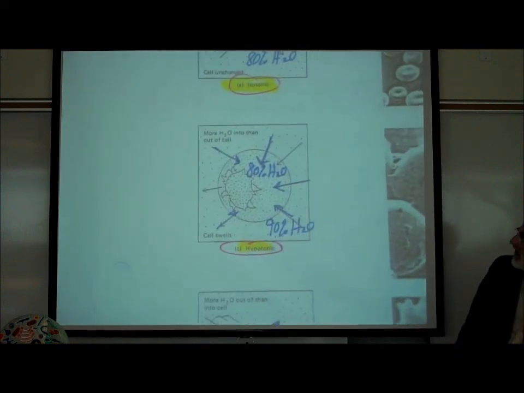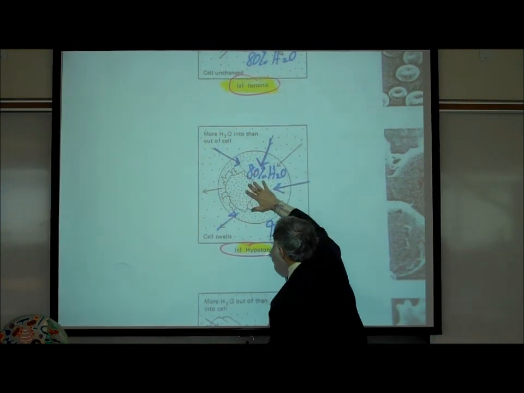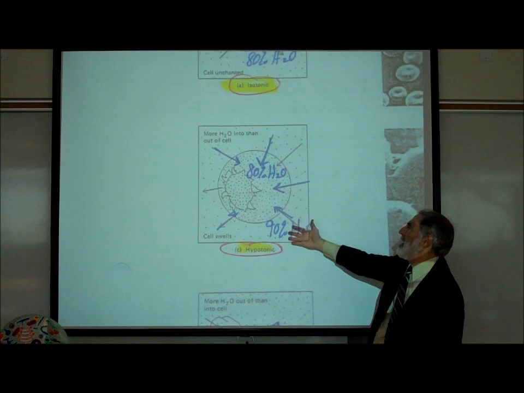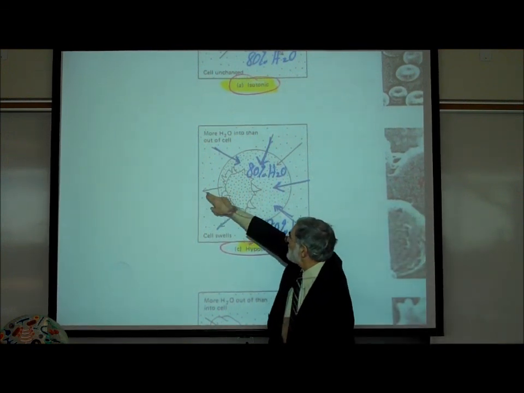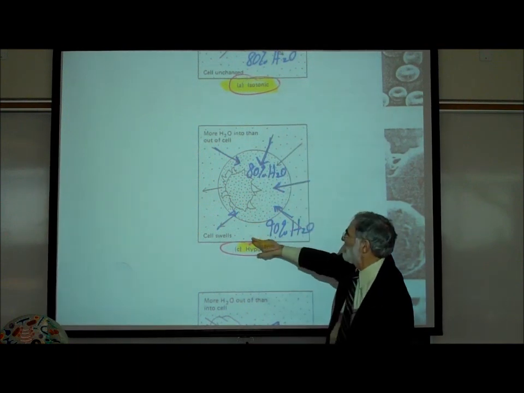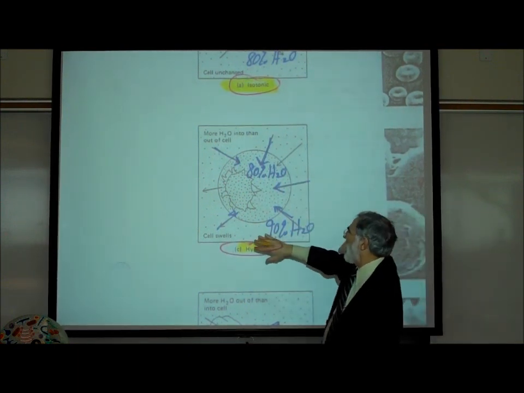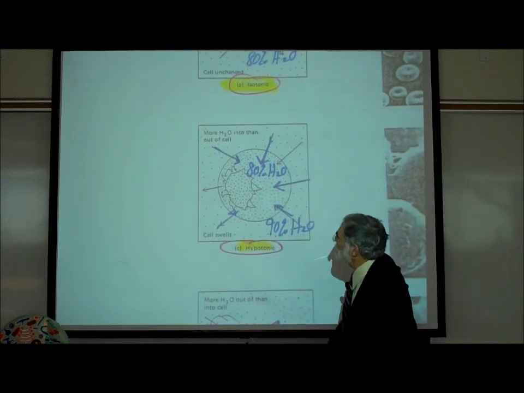In the second drawing, it shows a cell, 80% water inside, that's normal, and in this case, it's surrounded by, I wrote 90% water. It's not 100% water. I see some dots surrounding the cell, some solute, but it's certainly a higher proportion of water outside the cell than what looks like inside.